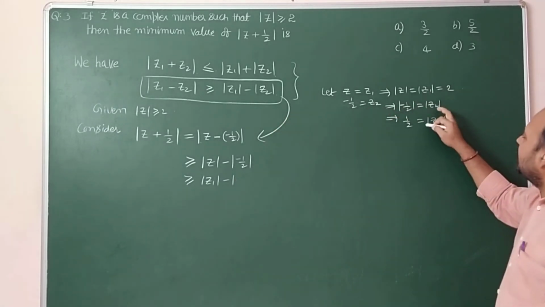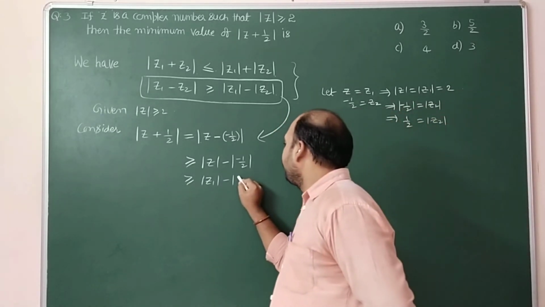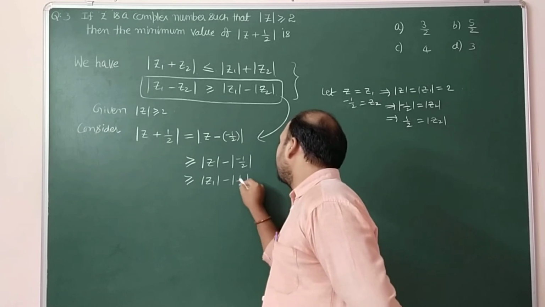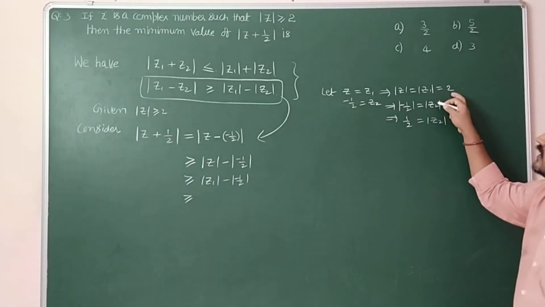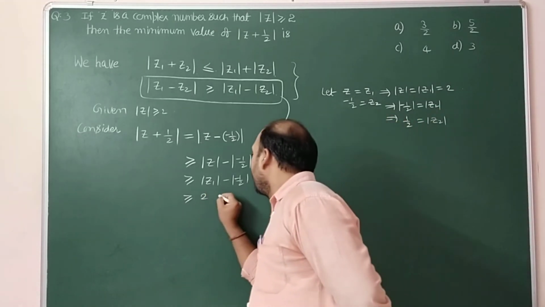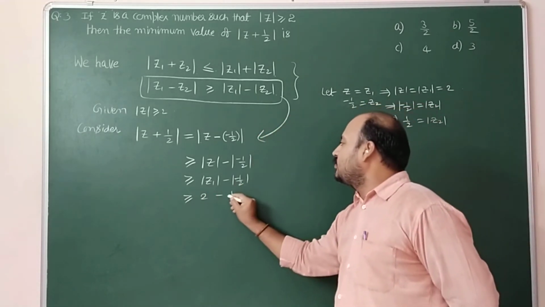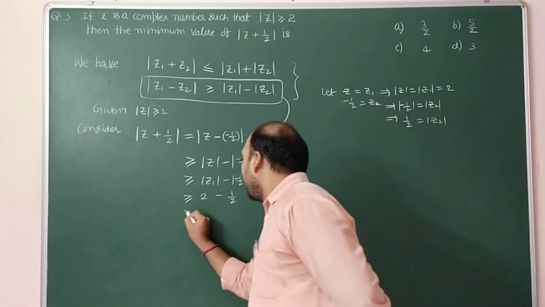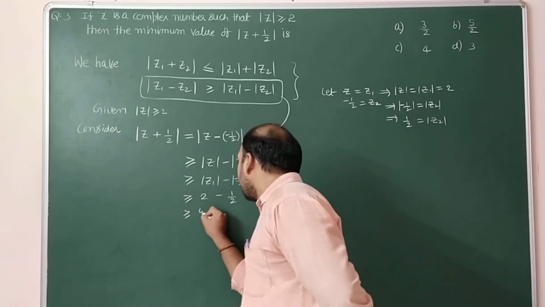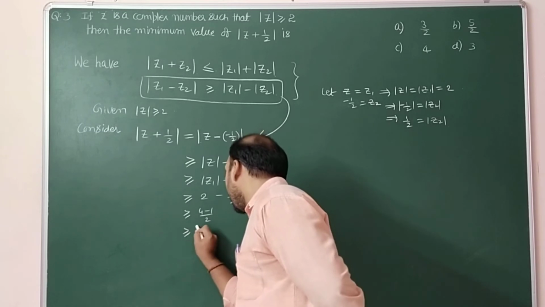Minus 1 by 2 here is mod z2. Mod z1 is greater than or equal to 2, as we have taken. So 2 minus mod minus 1 by 2, which is 1 by 2. So it is greater than or equal to 2 minus 1 by 2, that is 4 minus 1 by 2, greater than or equal to 3 by 2.